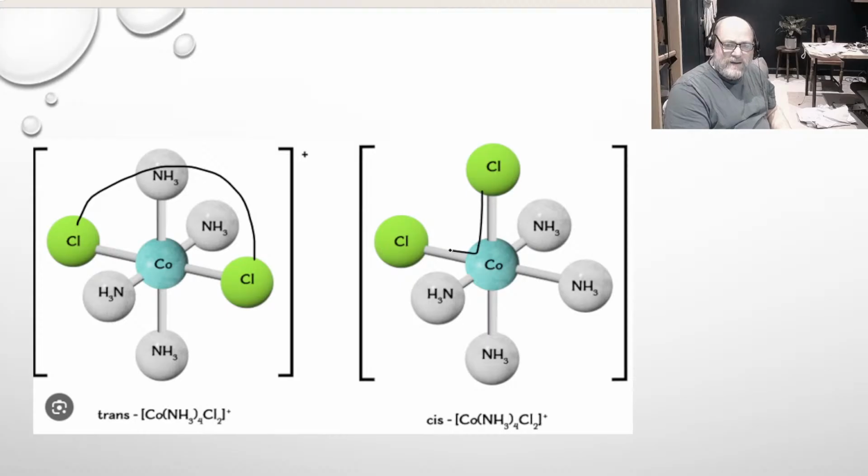But here, where they're 90 degrees apart, we say that's cis, sisters. So there's just a different rule. This is cis and trans isomerism in complex ions, and they have a slightly different rule. Trans is when they're 180 degrees apart, and cis is when it's only 90 degrees apart.